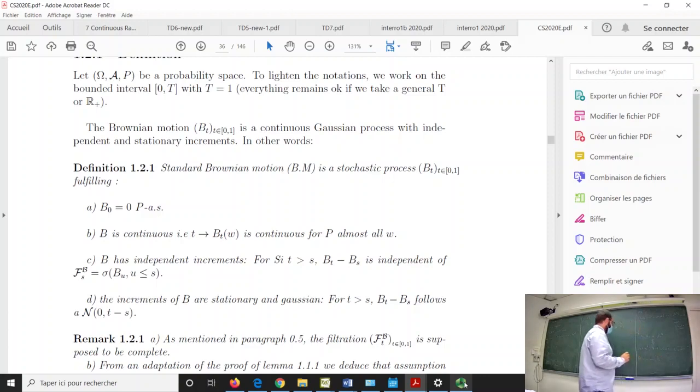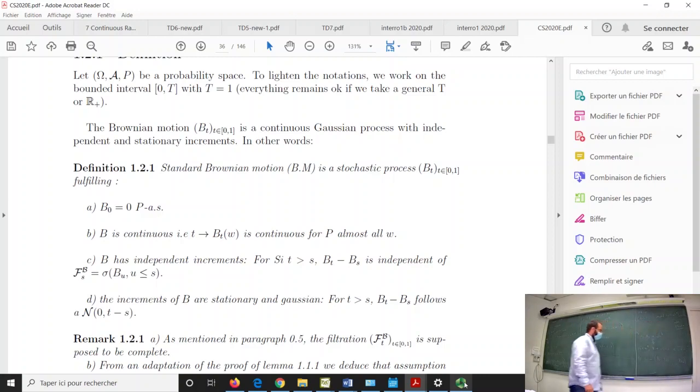Excuse me, what have I done? It's stupid what I have written here. It's 0, it's s here. For instants that are less than small s, Bt minus Bs is independent of the vector (Bt1, Bt2, ..., Btn).